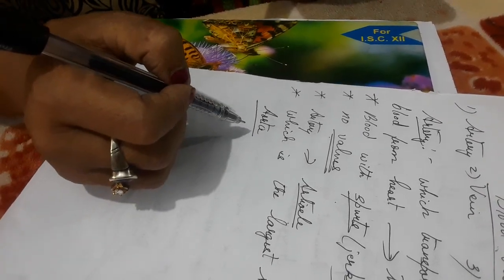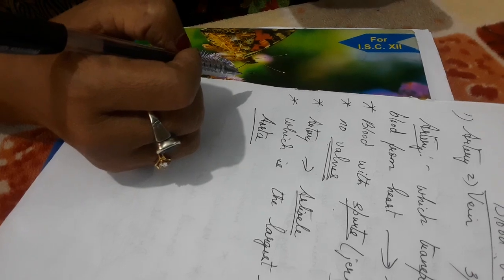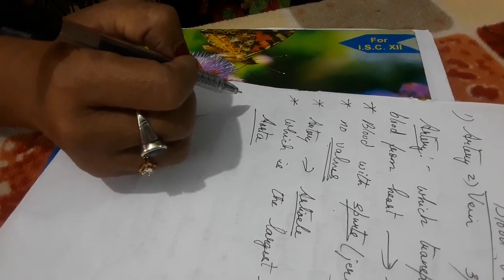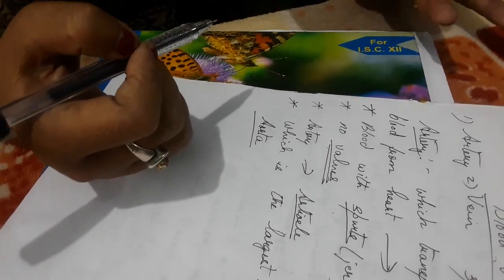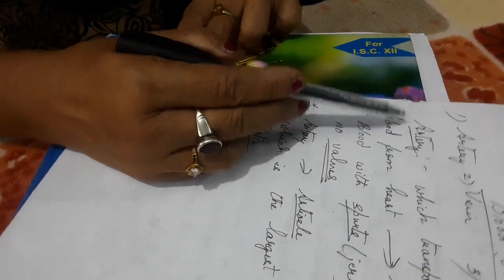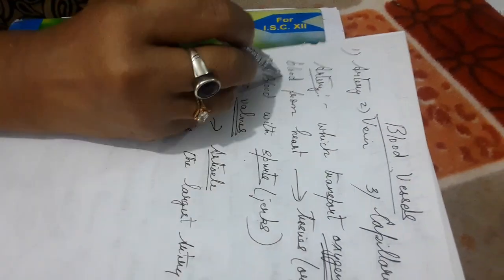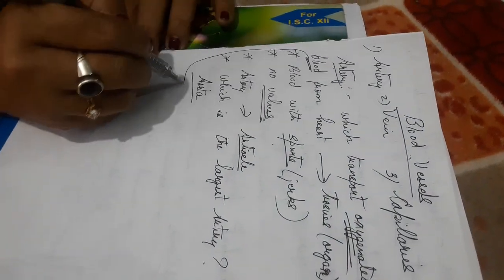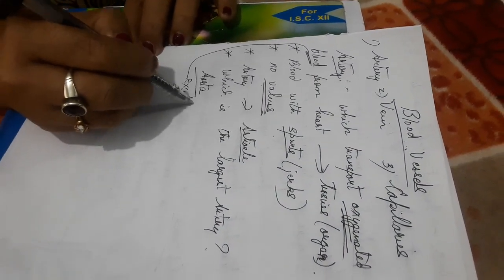Like you have the pulmonary artery, which carries deoxygenated blood. As discussed earlier, arteries carry oxygenated blood except the pulmonary artery.